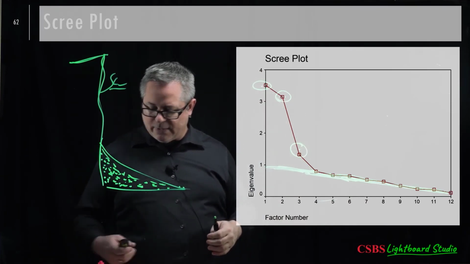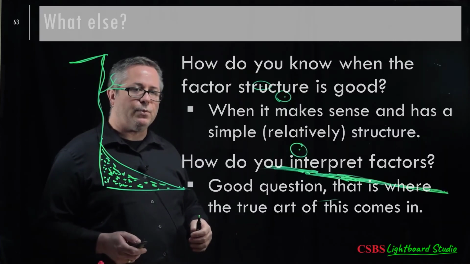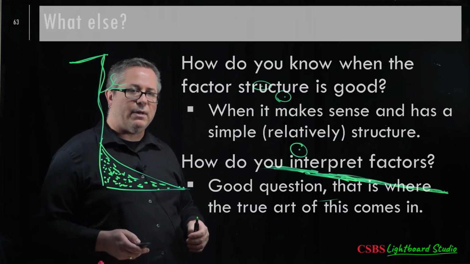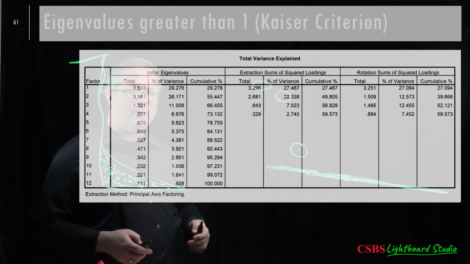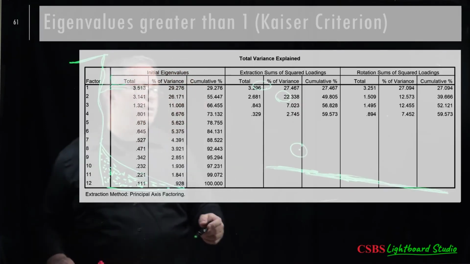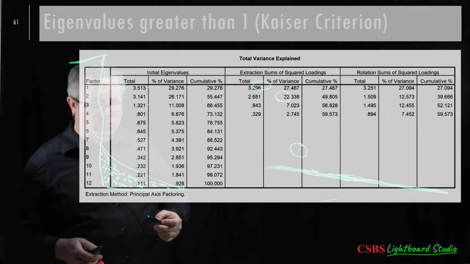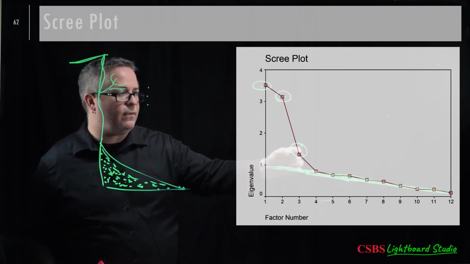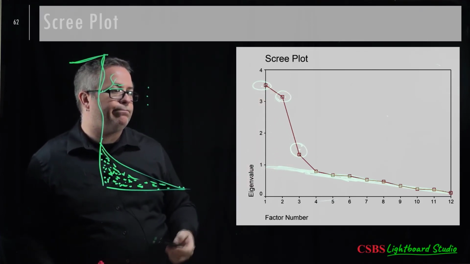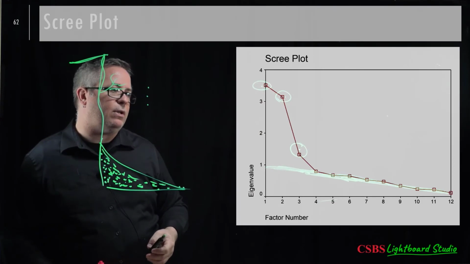And what you find with that, go back a second, go back to here. There are 3 factors that are above 1, which means if I conclude with the Scree plot that there are 3 factors that I'm going to retain, it's telling me the same thing the Kaiser criteria does.